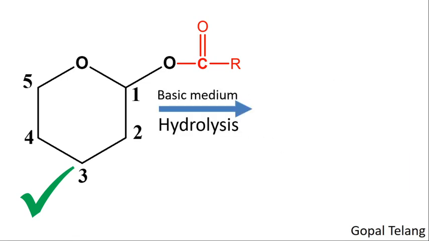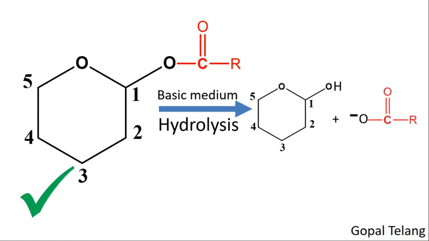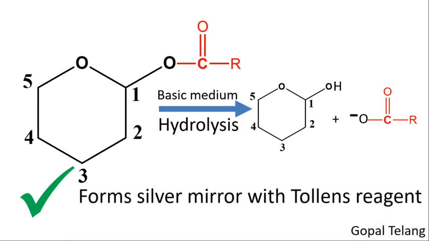This will give, in basic medium, alcohols and a carboxylate ion, and therefore when the hydrogen is replaced by an acetyl group, the compound will also give a positive silver mirror test.